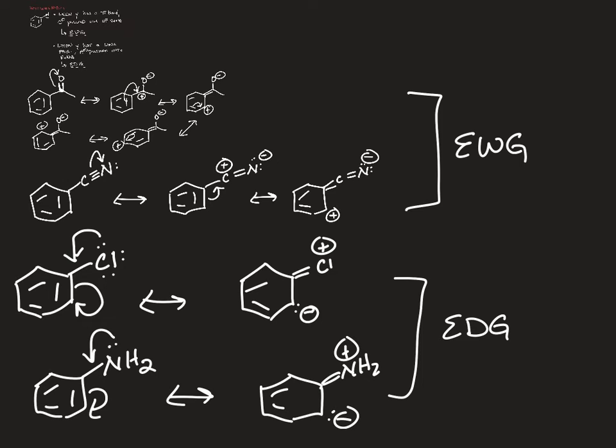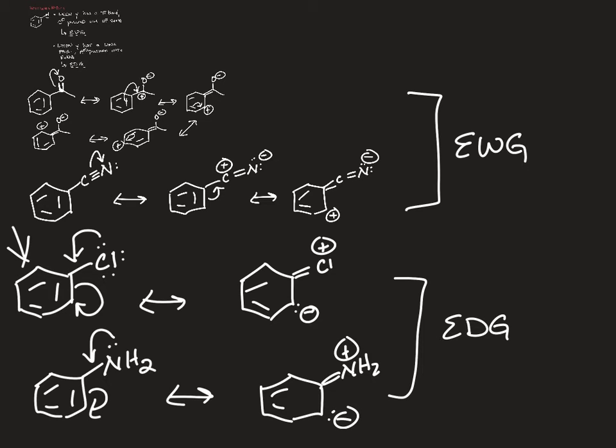So we've seen both the inductive effects and resonance effects. Like I said, most of the time they are in agreement. However, there are examples where inductive and resonance are kind of going in opposite directions. One example would be the halogens. So with inductive, we said that chlorine is electron withdrawing. Right? That's electronegative. It's pulling electron density out.